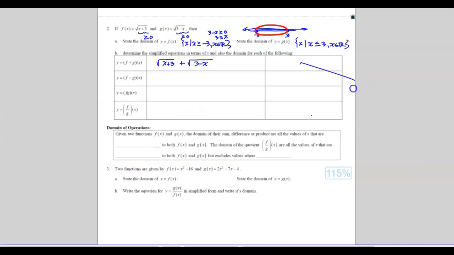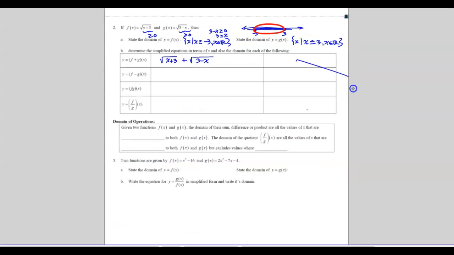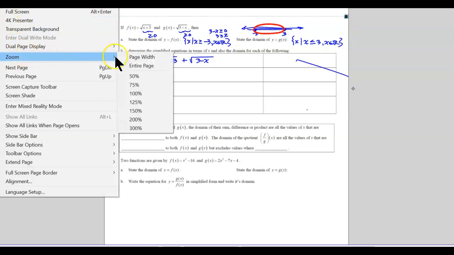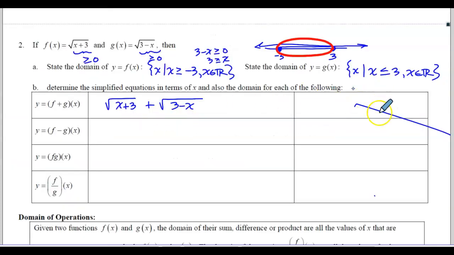That's between -3 and +3. I'm not going to do the whole notation. I just want to practice the inequality.